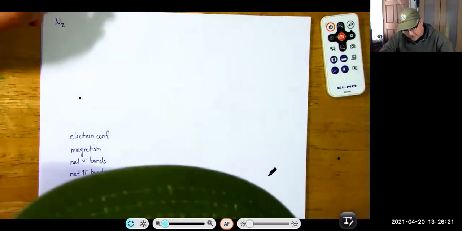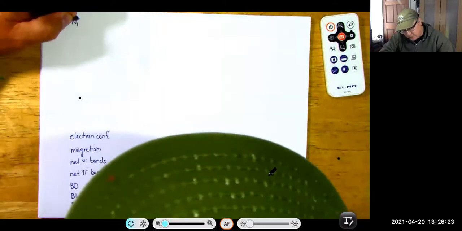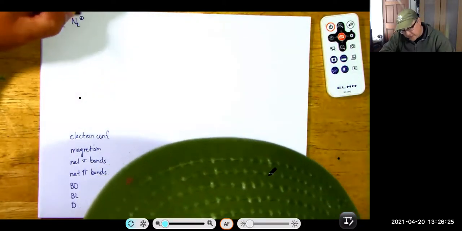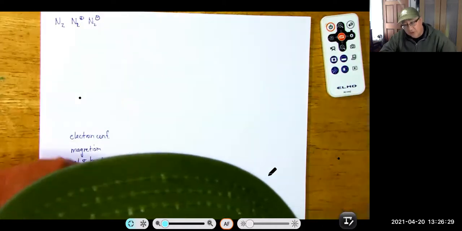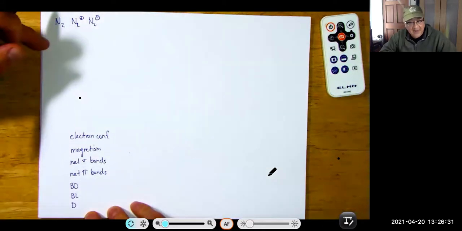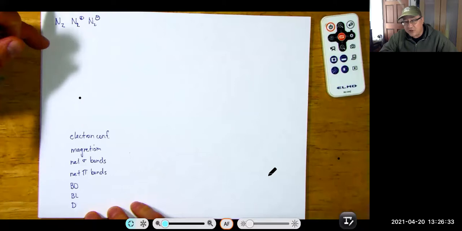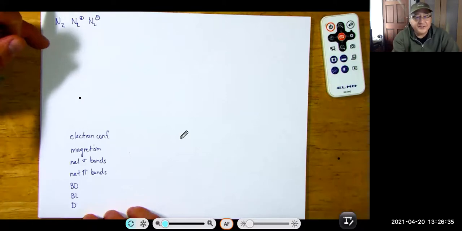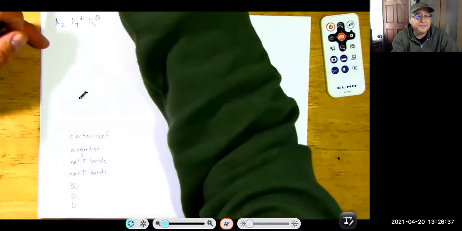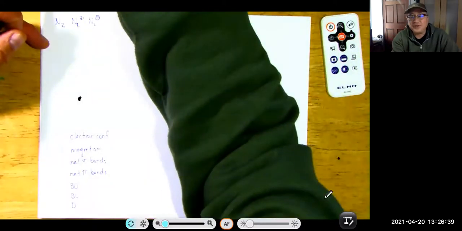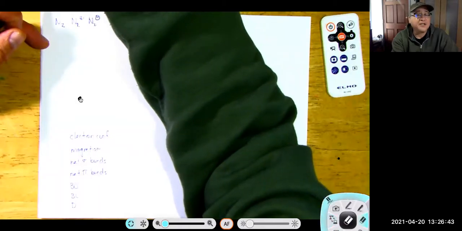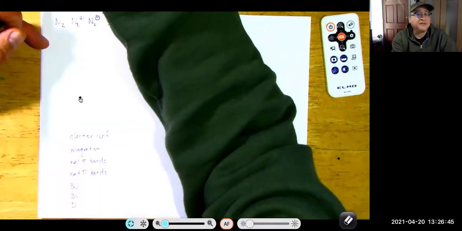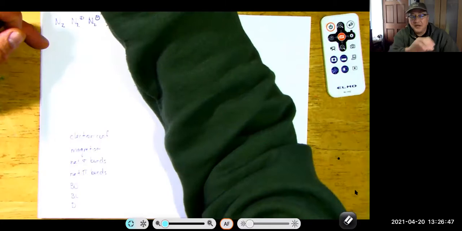So we're going to look at N2, N2 plus, and N2 minus. And what we want to know is how many electrons these guys have. Nitrogen has, oops, hang on a second. I got this ugly thing on my screen here that I'm trying to get rid of. There we go. Okay.